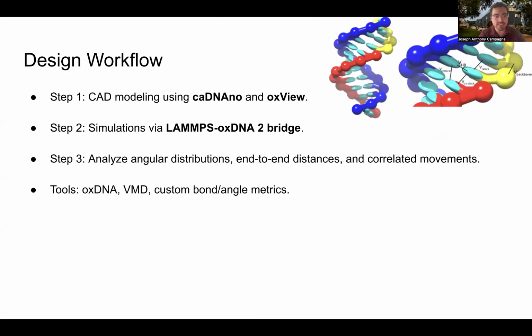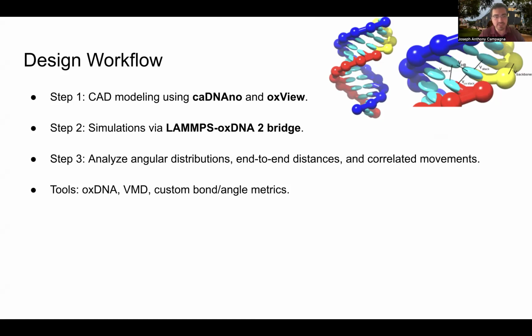In my thesis, I did CAD modeling with CADnano and oxView, primarily oxView. I then simulated using the LAMMPS oxDNA2 bridge, where I built an input file that took into consideration biological parameters such as buffer salt concentration and a time step of, I believe, about 10 nanoseconds, if I'm not mistaken.